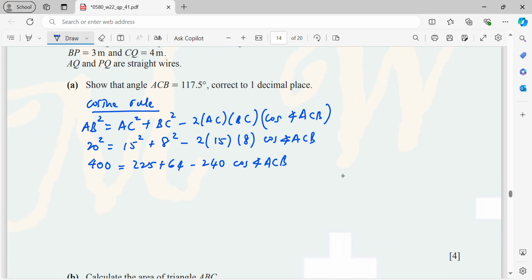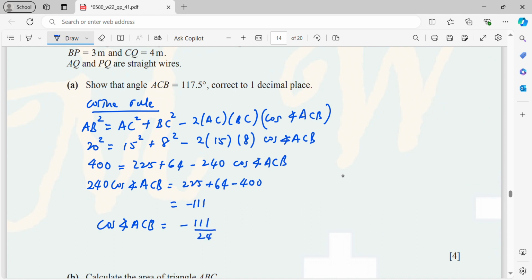Now 240 cos angle ACB will be moved to the left side, and then the 400 will be moved to the right side. Then this is going to be negative 111. So cos angle ACB equals negative 111 over 240.